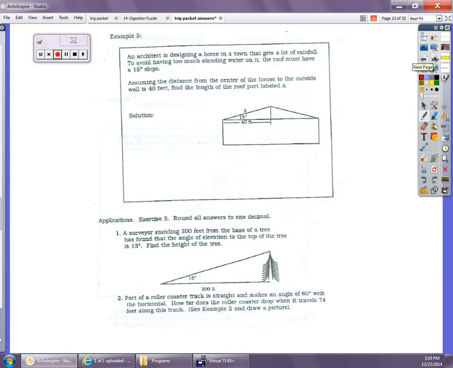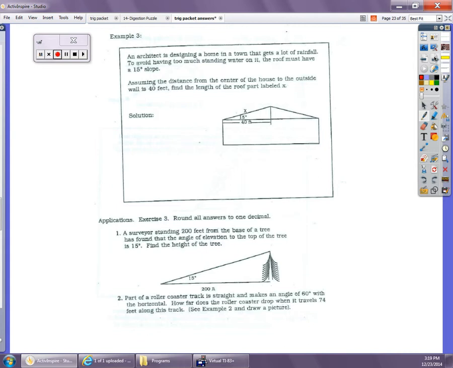If you look at example 3 here, it says that an architect is designing a home in a town that gets a lot of rainfall. To avoid having too much standing water, the roof must have a 15-degree slope. Assume the distance from the center of the house to the outside wall is 40 feet.